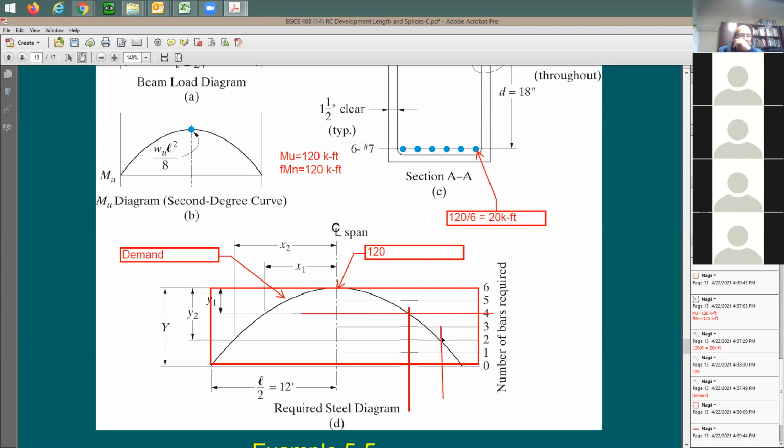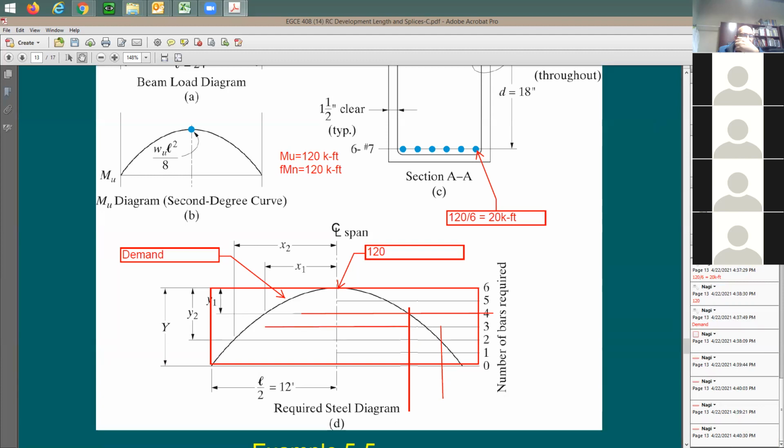So good. If I'd like to provide the rebars, I can just put 4 rebars here from this point to this point, right? You guys agree? So as long as you're at this section, how many rebars do I need?